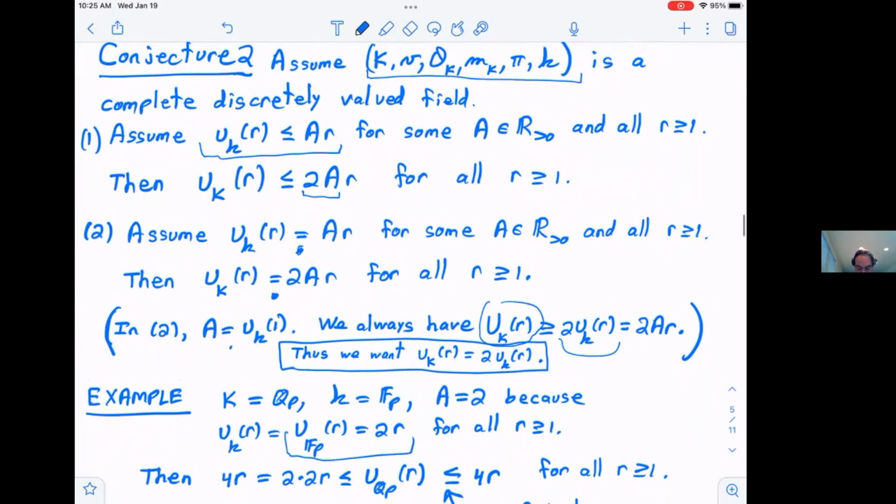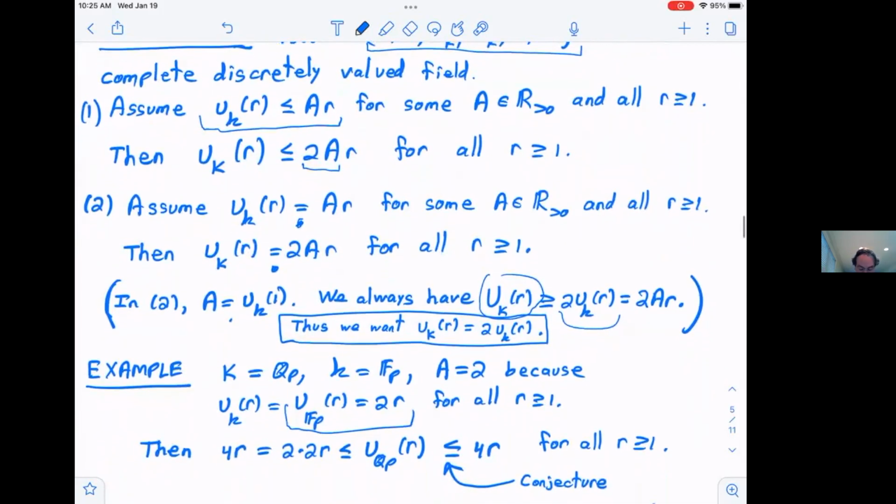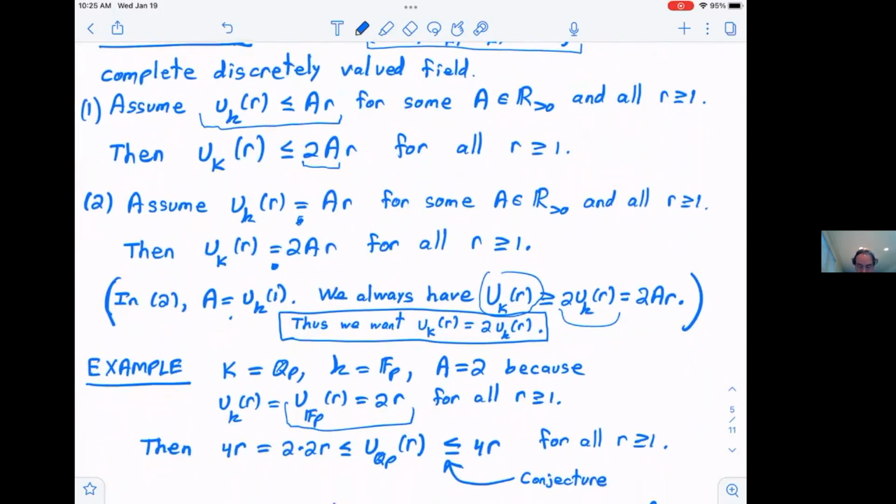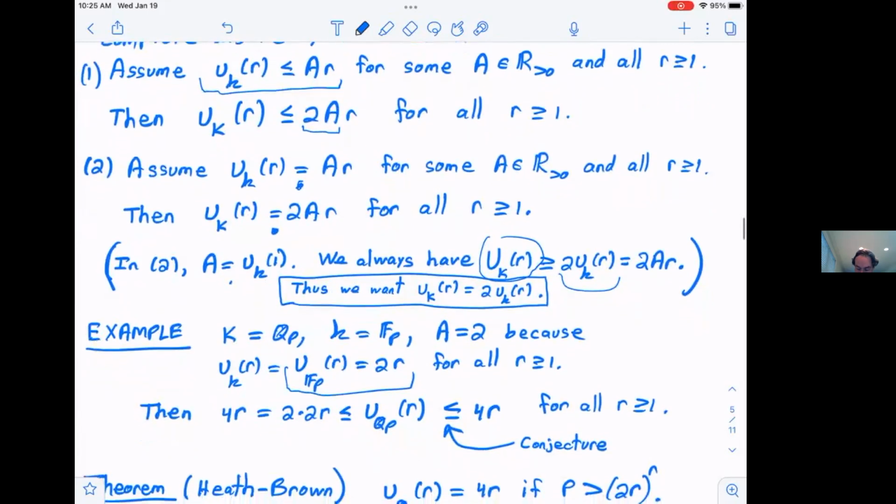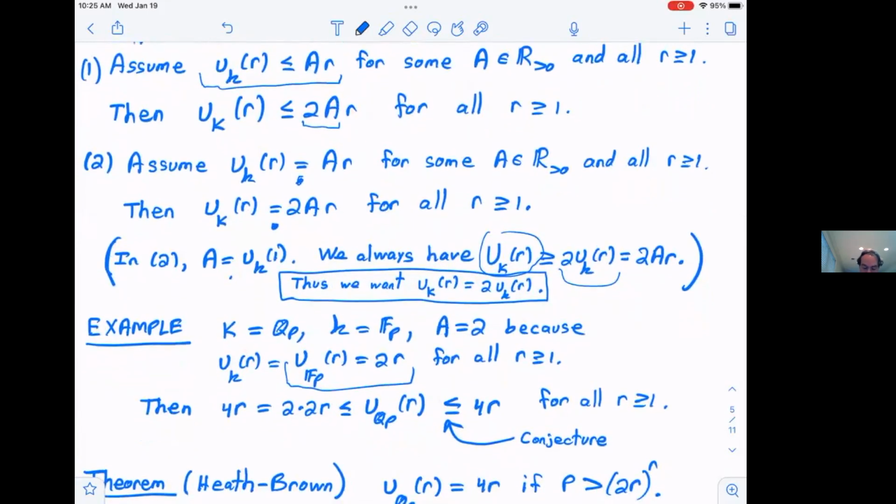So therefore, the conjecture for Q sub p is that the u invariant for systems of r quadratic forms over Q sub p, we know it's greater than or equal to 4r for the trivial reasons I referred to above. The conjecture is it's less than or equal to 4r, and therefore we would have equality.